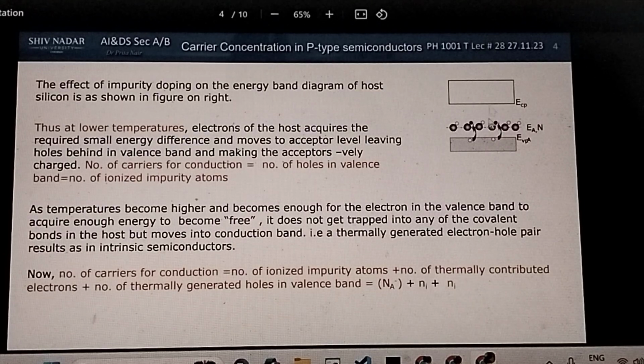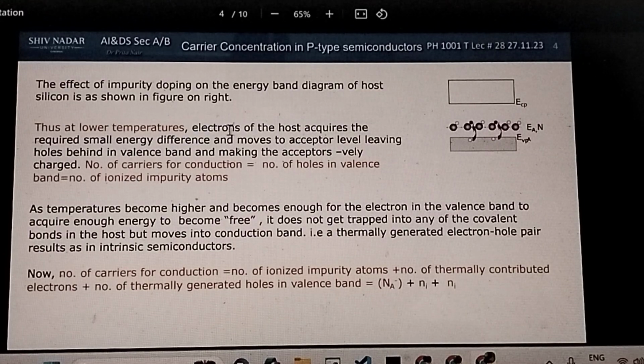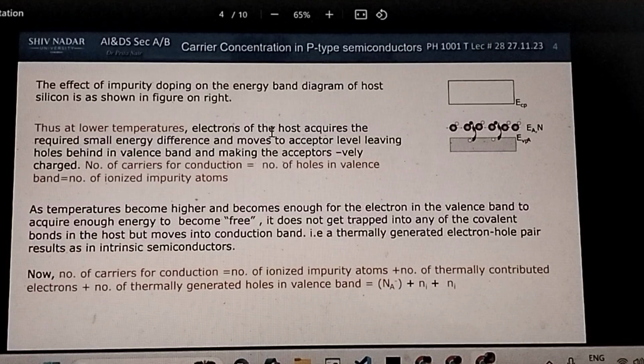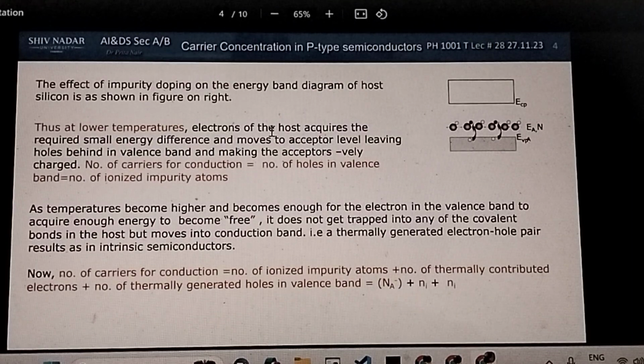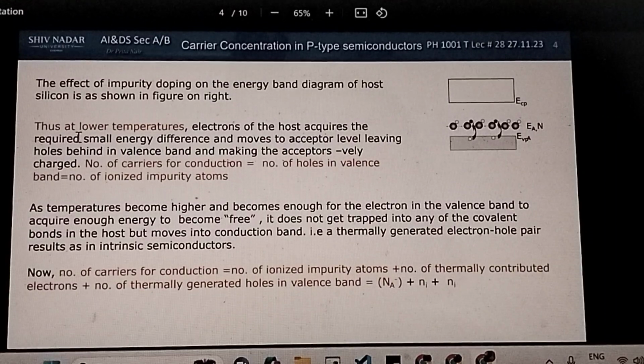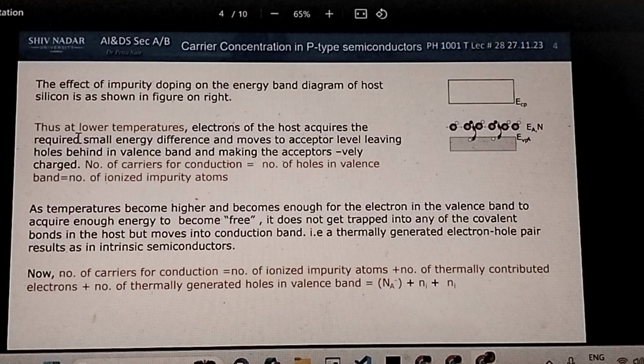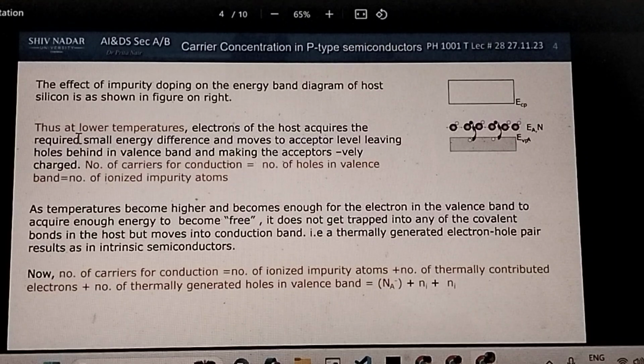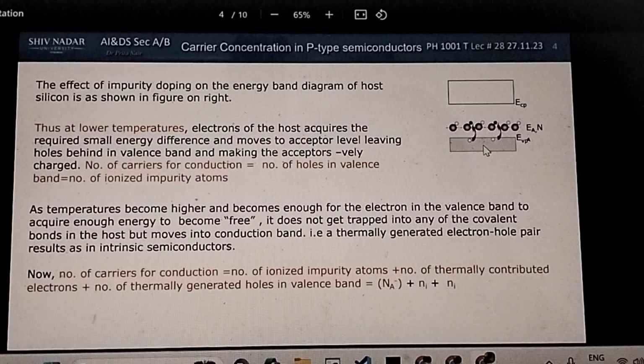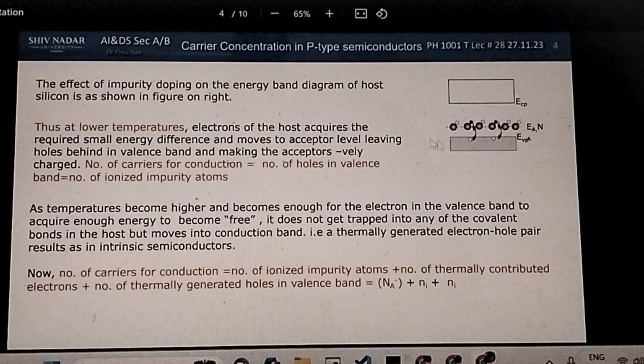At lower temperatures, electrons of the host material, your semiconductor, silicon or whatever, acquire the small energy difference required. So your silicon electrons acquire 0.01 to 0.04 electron volts of energy, and they move into the acceptor level. They move into the trivalent atom's orbit to fill the vacancy there, hence creating holes in the valence band.